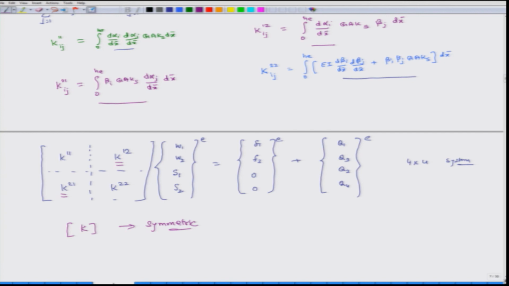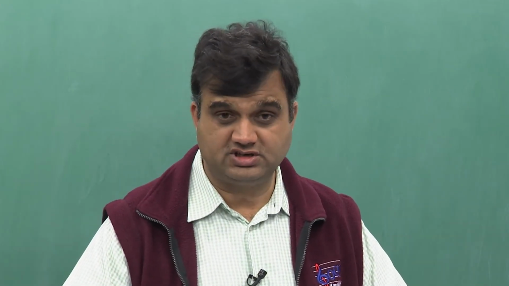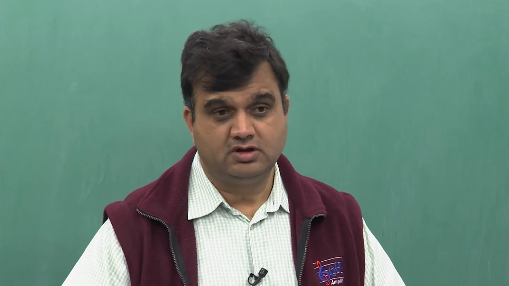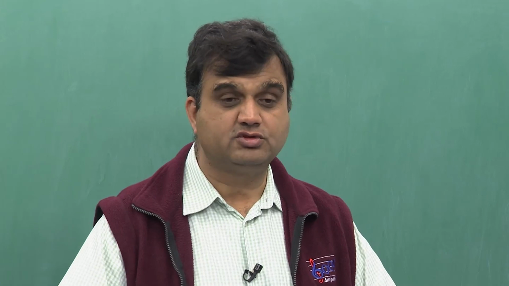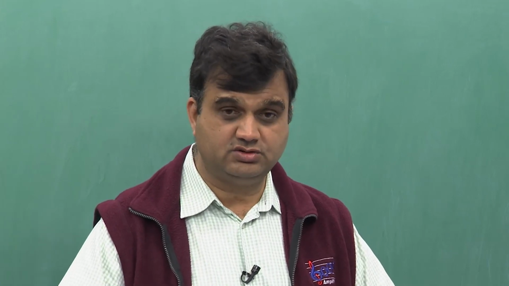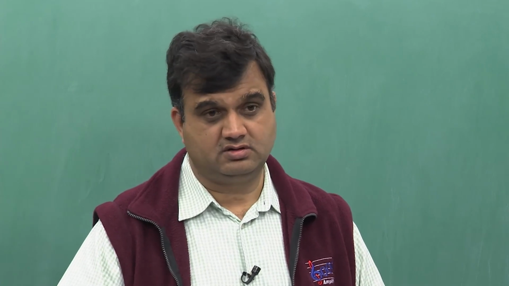This is the element level equation. The next step is that if we have broken our beam into n number of elements, we write n such sets of equations, assemble them using conditions of continuity and force equilibrium, and then impose the boundary conditions to get a reduced set of equations and solve them to get our solution.